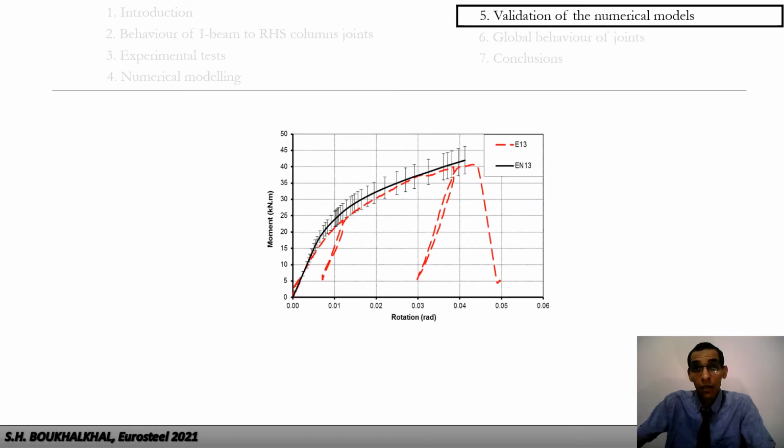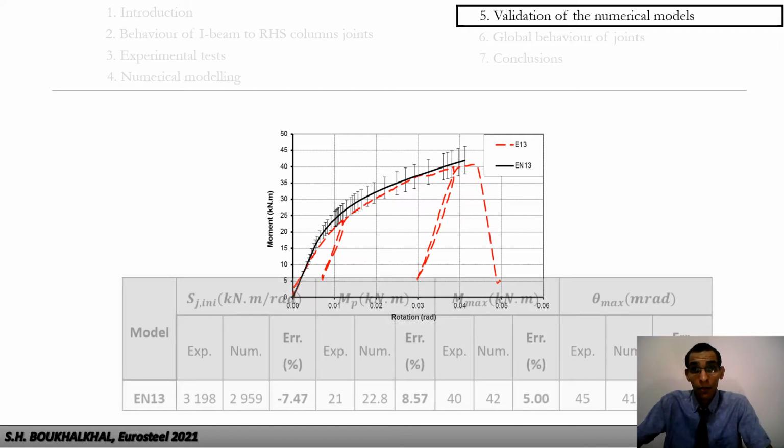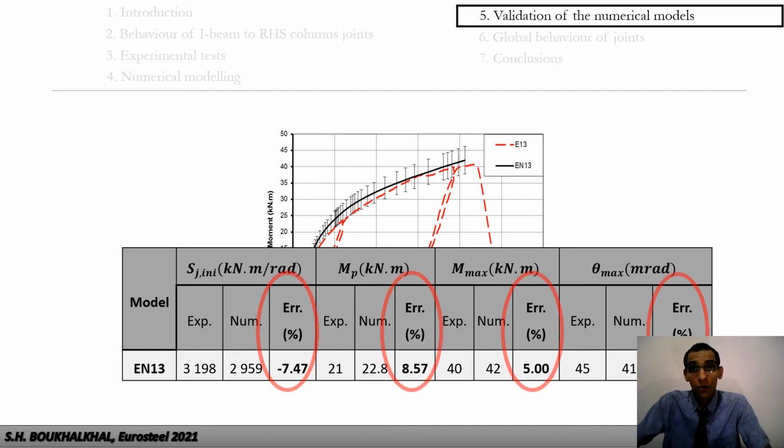To validate our results, the finite element models are compared to the experimental results in the form of moment-rotation curves. From the previous figure, we notice that the experimental moment-rotation curves are almost within the bound of 10% compared with the curves of the numerical models.